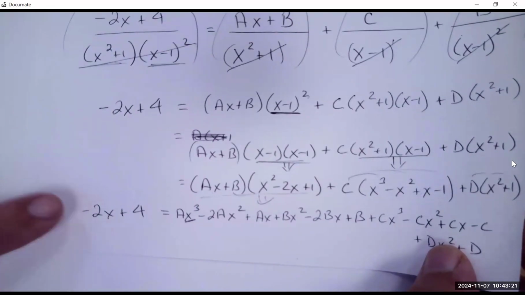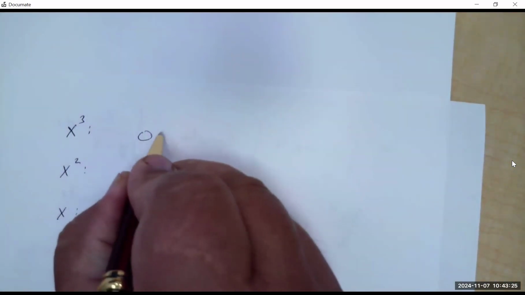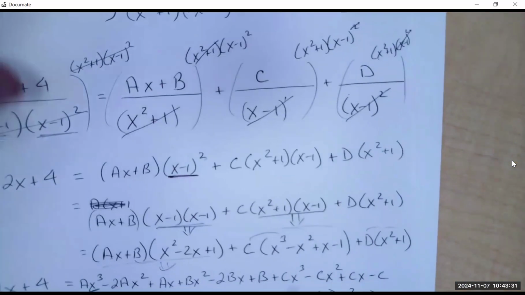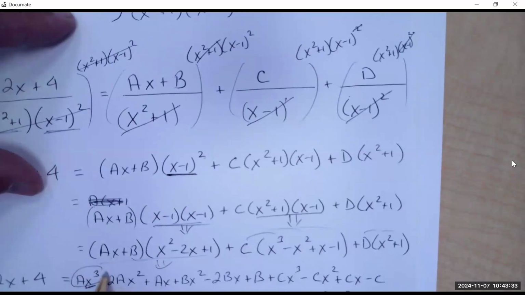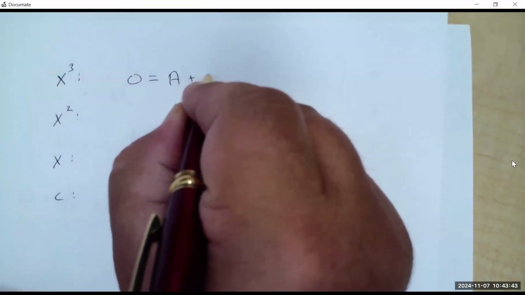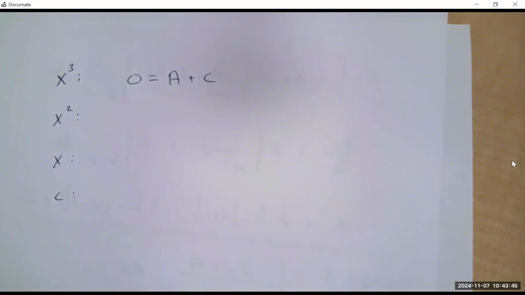No. So that's 0 on the left-hand side. And now on the right-hand side, we only have an x cubed here and here. So that's a plus c. These are all the x cubes.